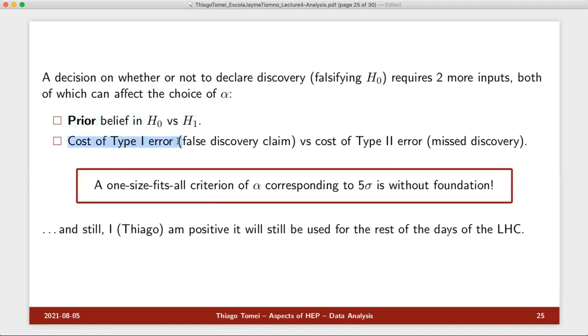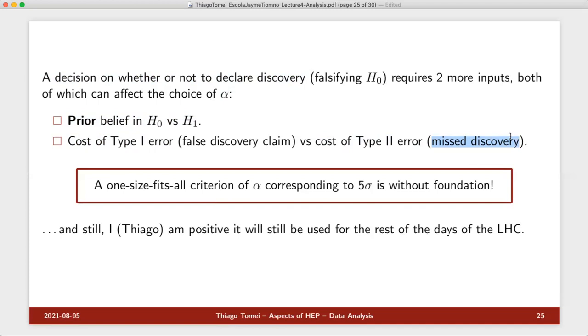And second, the cost of the type 1 error, rejecting the null when it's true, versus the cost of the type 2 error, not rejecting the null when it's false. So the cost of making a false discovery versus the cost of missing a discovery.